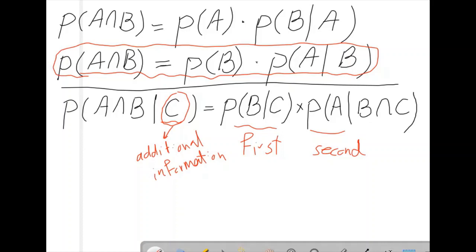So the probability of A and B given that C is the probability of B given that C has occurred previously, multiplied by probability of A given that B and C have occurred previously. It means before A.